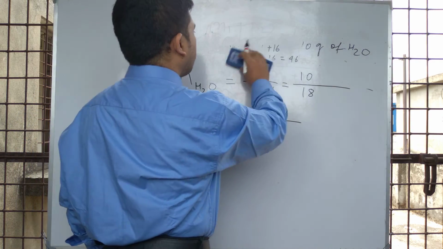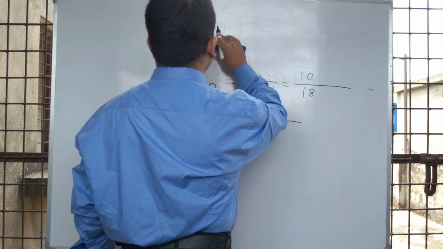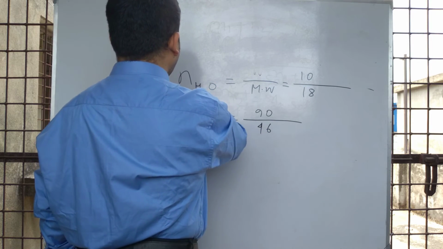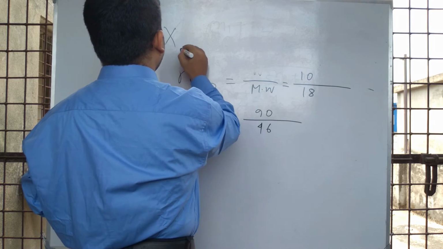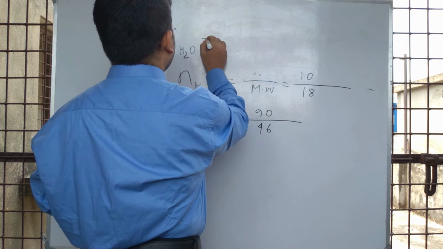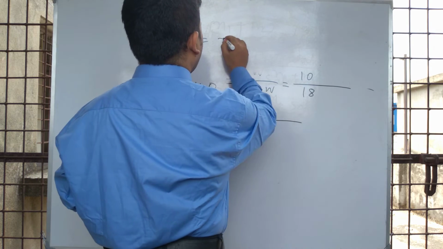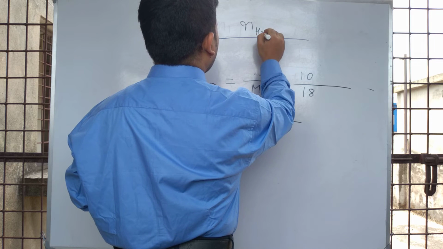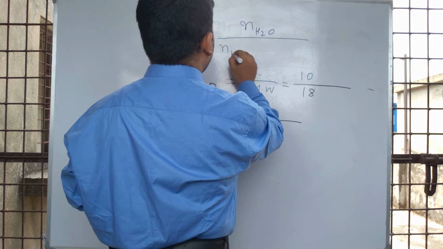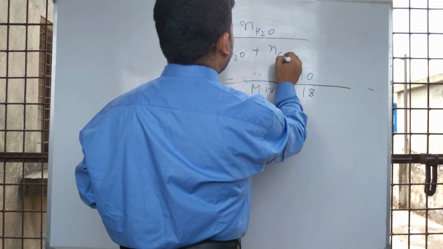Now we calculate the mole fraction of ethanol and of water in this mixture. First, the mole fraction of water is moles of water divided by moles of water plus moles of ethanol.